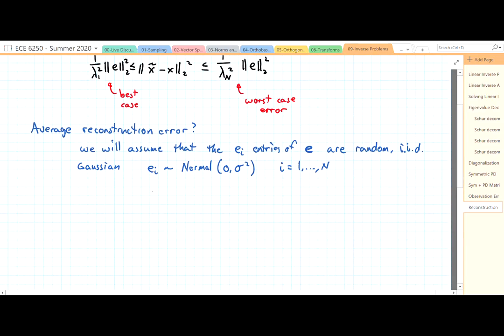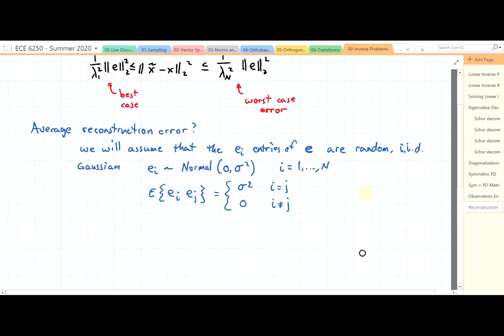So all of that implies that the expected value of, I'm mixing notations, e_i e_j, let's do that, equals sigma squared for i equals j, and 0 for i not equal to j.